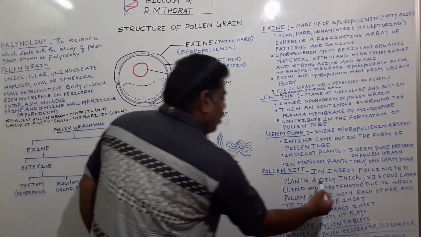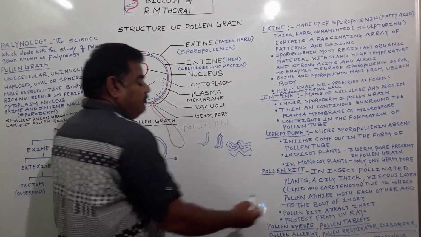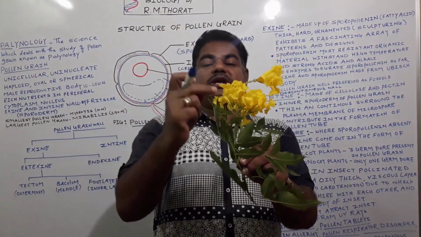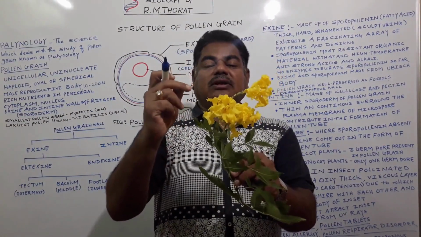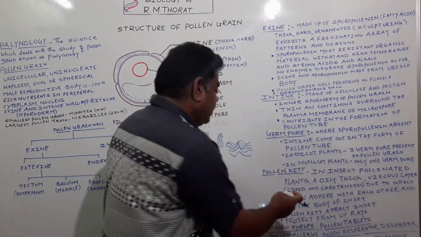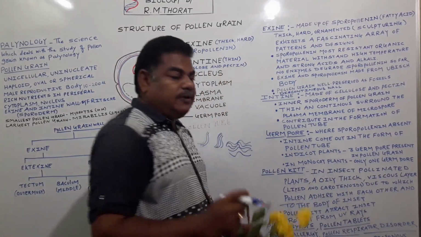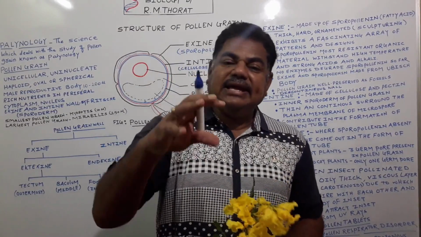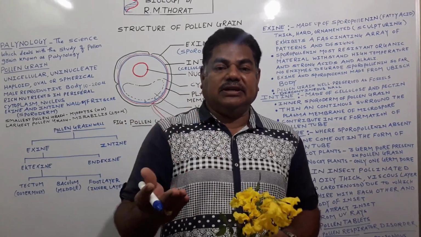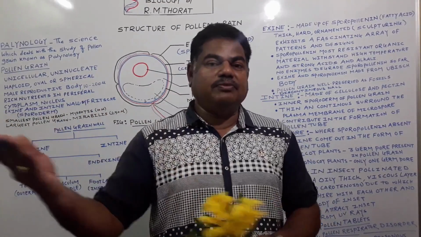So due to this oily and viscous layer made up of lipids and carotenoids, when an insect visits this flower to suck the nectar, at that time from the anther, due to this pollenkitt, the pollen grain adheres to the skin of that insect, to the wing of that insect, to the legs of that insect, and pollen grain gets transferred from one flower to another flower with the help of this insect.